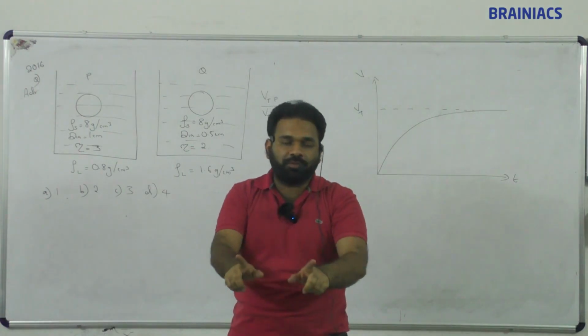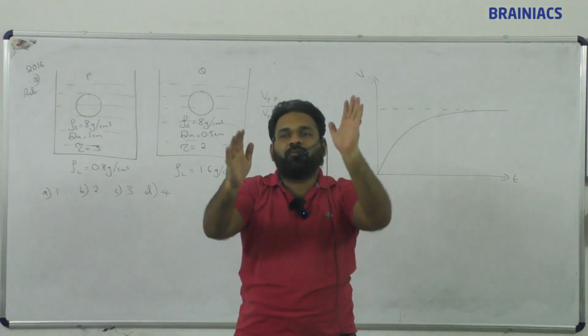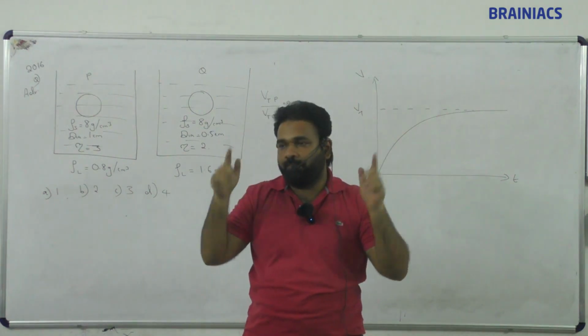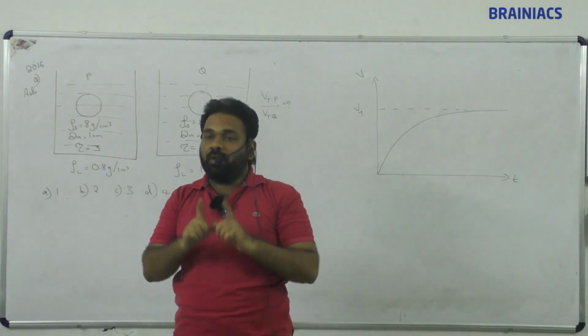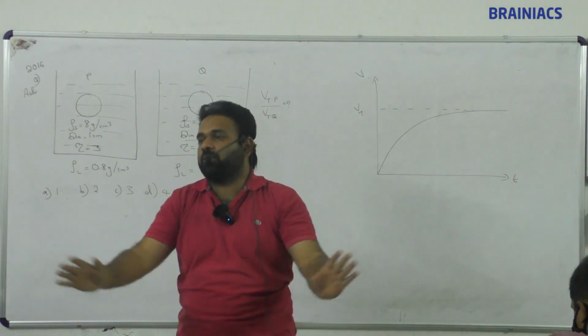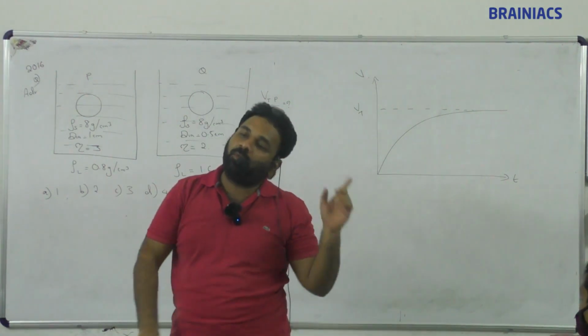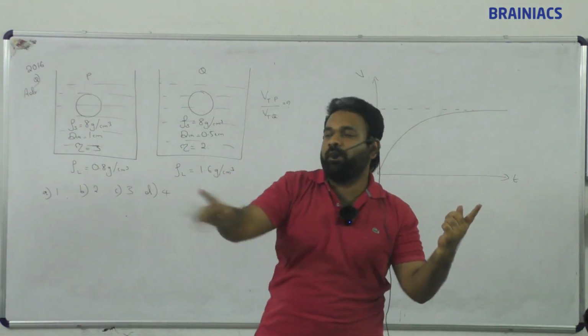So one point will come where everything will become equal. Upward force will be equal to downward force, then terminal velocity will come, so that this raindrop will come with constant velocity. This is applicable for a raindrop, and also for a solid which is moving through a liquid.